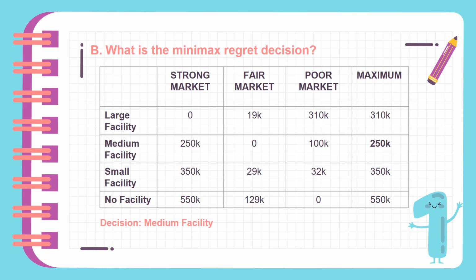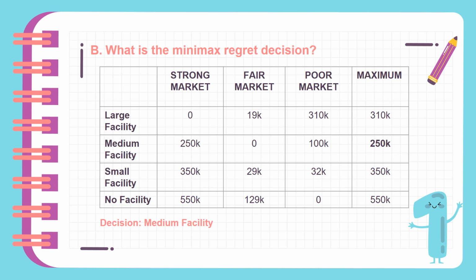Under the large facility, the maximum would be the zero under the strong market versus the 19,000 under the fair market versus the poor market of 310,000. The maximum would be 310,000. For the medium facility, 250,000 versus zero versus 100,000, the maximum would be 250,000.